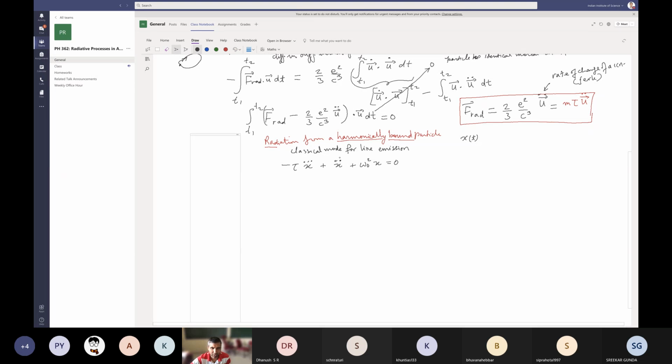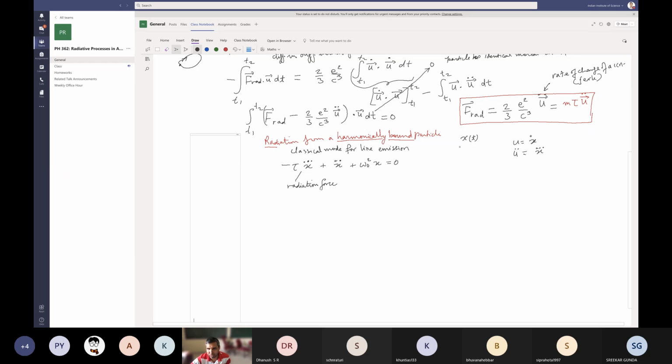This is just the equation of motion for the displacement in a harmonic oscillator. Here, this is the radiation force. You see this, u equals x dot, and u double dot is equal to x triple dot.